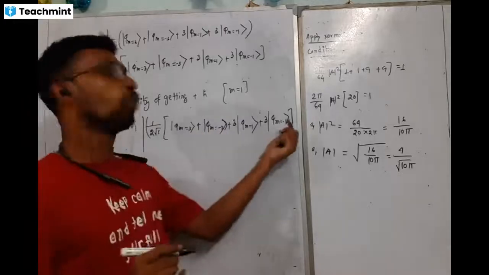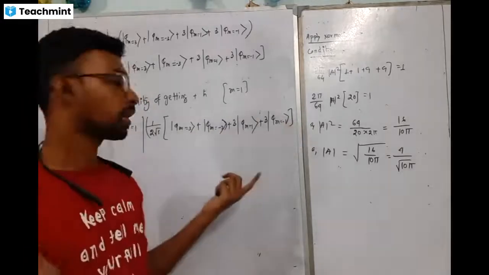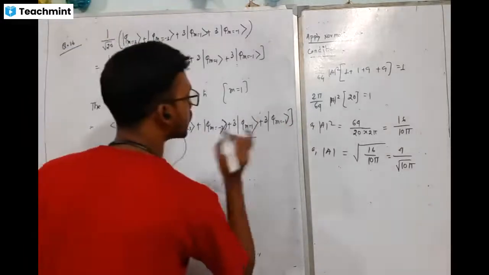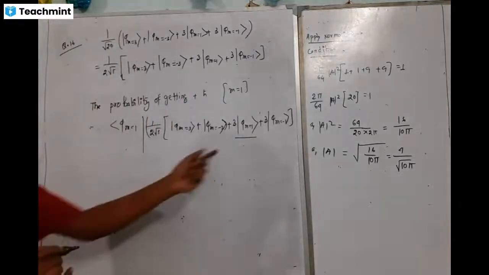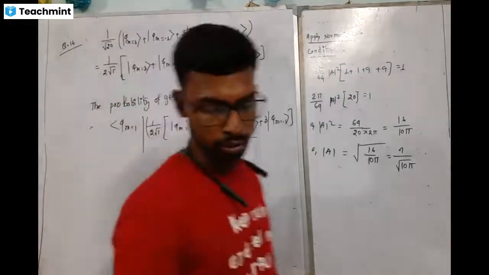These are all orthogonal states, so the scalar product is 0. So this is orthonormal, so it equals 0 or 1.